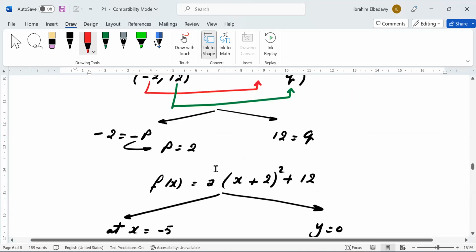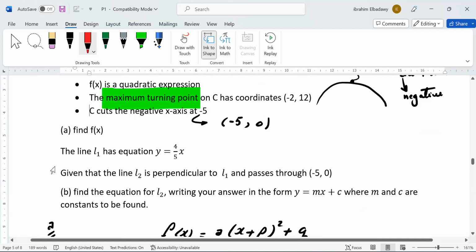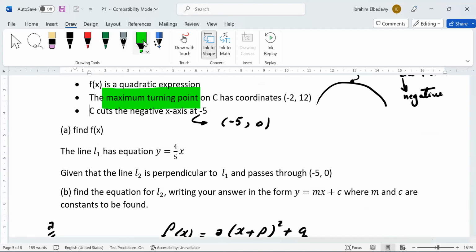Another question here. This is question number A. There is another question. He says the line L1 has equation y equal 4 over 5 x. He gives you the equation of the line called L1. Okay. Given that the line L2 is perpendicular to line L1 and passes through the point. Okay. He said here perpendicular. What is the meaning of perpendicular?